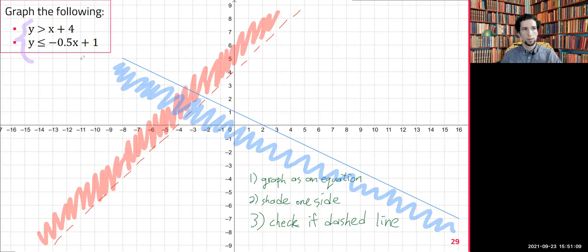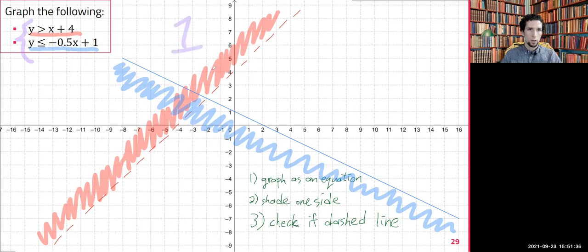Not just the red one and the blue one independently, but what if we throw the two of them together and make the graph showing the solution to both of them at the same time? What part of our graph includes all of them? Basically we have four choices.